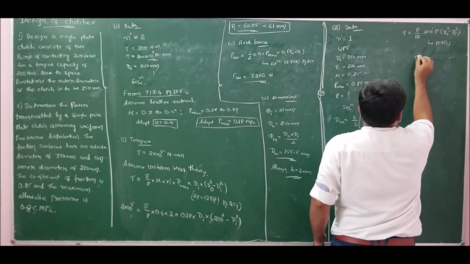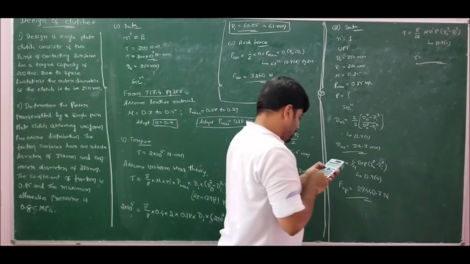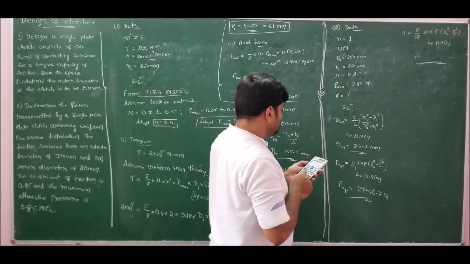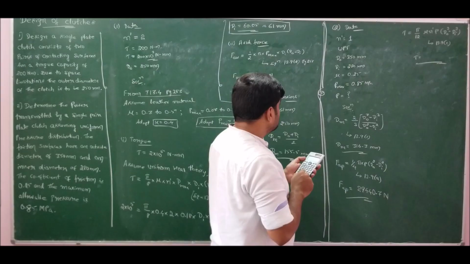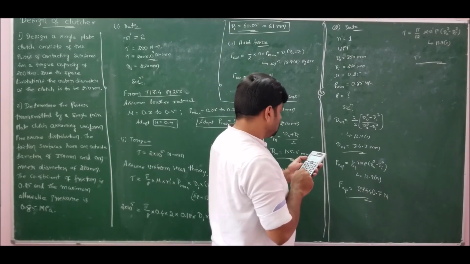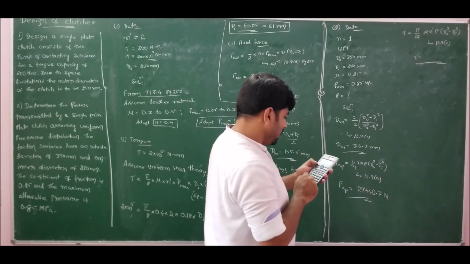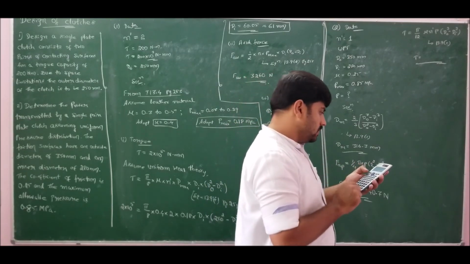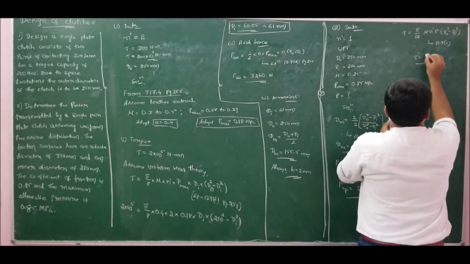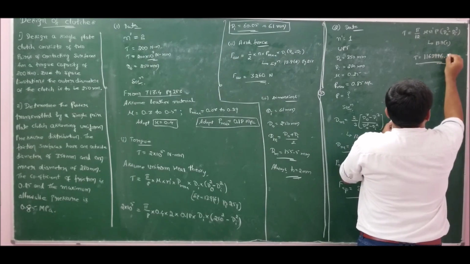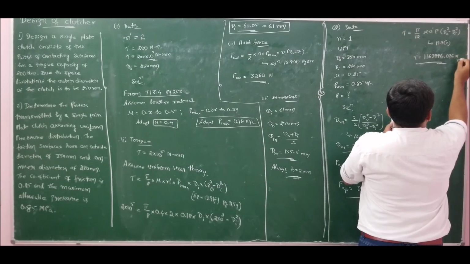If I substitute and solve, pi by 12 into mu is 0.25 given, n dash is 1, p is 0.85, d naught cube, that is 350 cube, minus di 280 cube, I will get the answer for torque as 116,996.076 Newton millimeters.